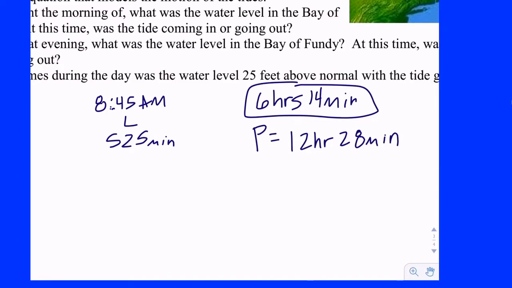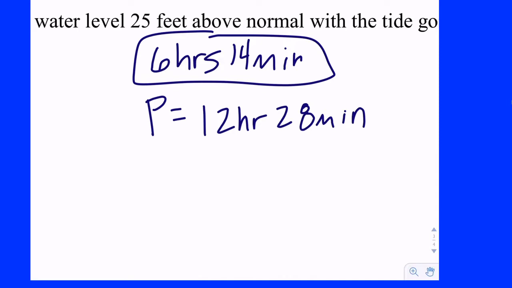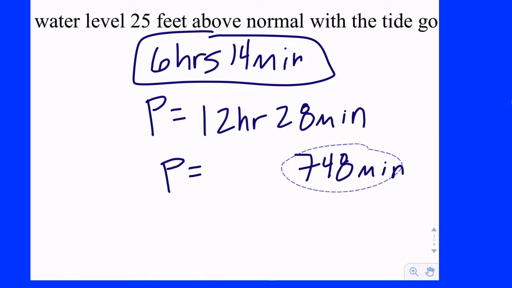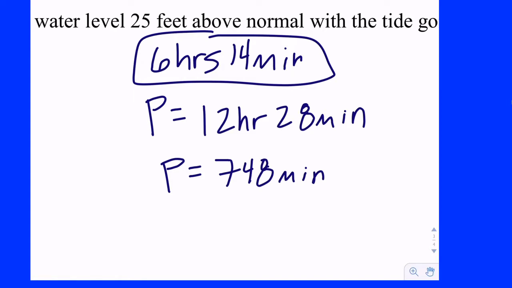All right, we want to work backwards by quarter cycles. So let's go ahead and convert a period to minutes. 12 hours is how many minutes? 720. And then plus 28, you get 748 minutes. There's the period. Now remember, what we're after is the axis, low, axis, high, axis, low point.